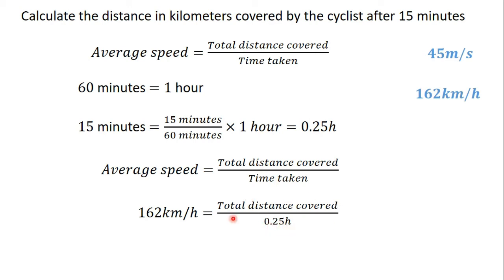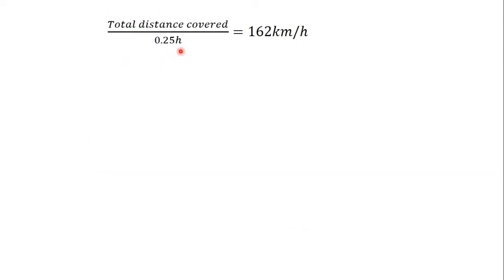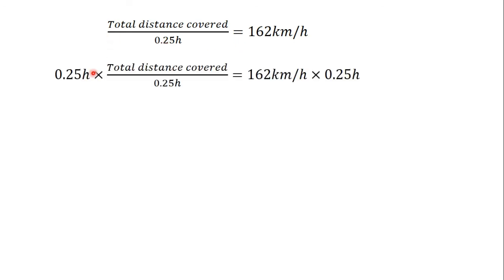This is now a linear equation. Let's solve this linear equation for total distance covered. Okay, so we know that total distance covered divided by 0.25 hours is equal to the average speed, which is 162 kilometers per hour.